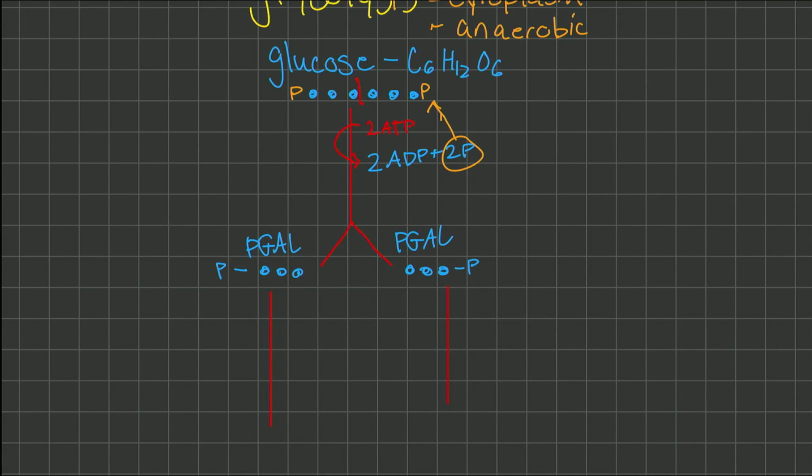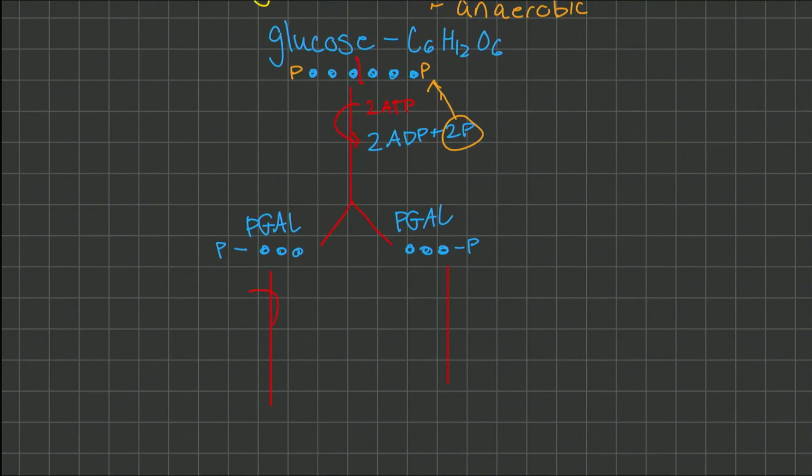Now, what our PGAL is going to go through is a few steps where it gets oxidized, and it's going to lose electrons, and those electrons are going to be passed to a molecule called NAD+. There's no shame in always writing, Leo the lion says GER. Remember that loss of electrons is oxidation.